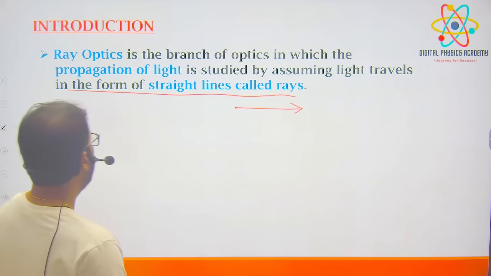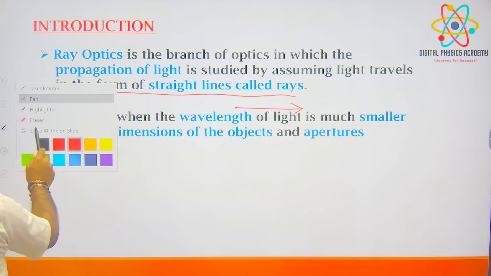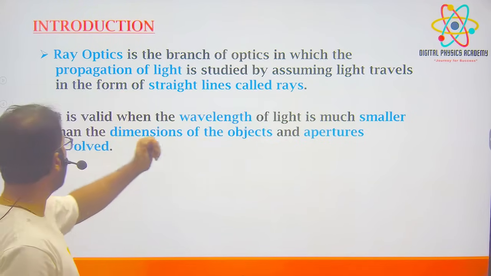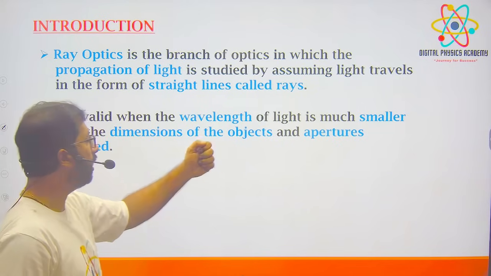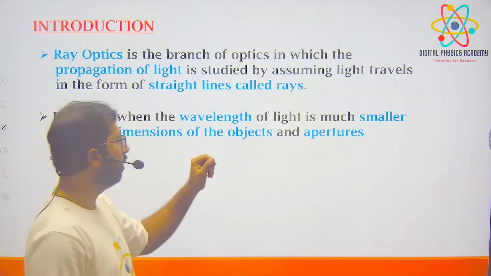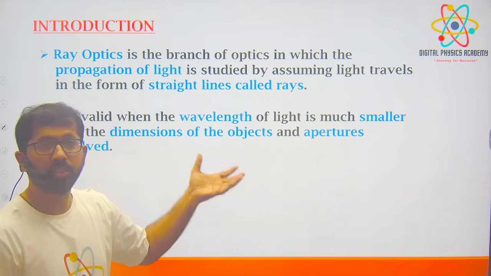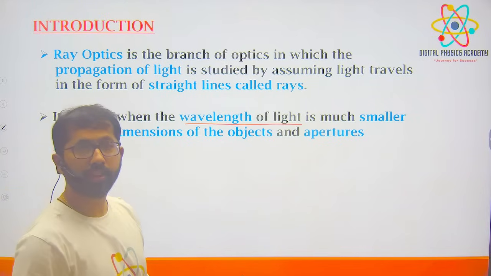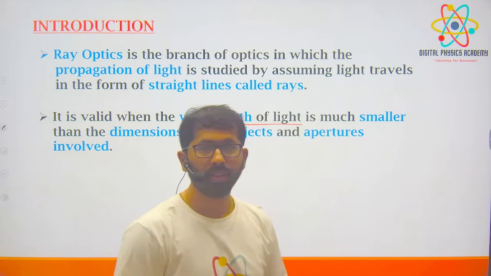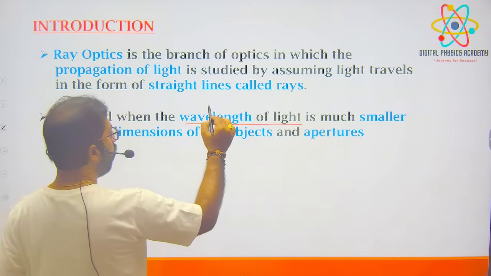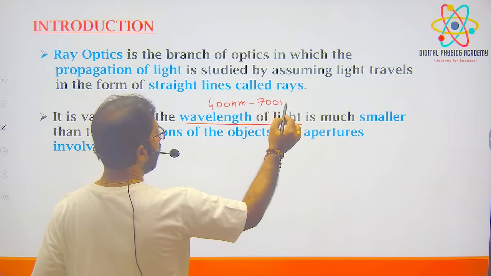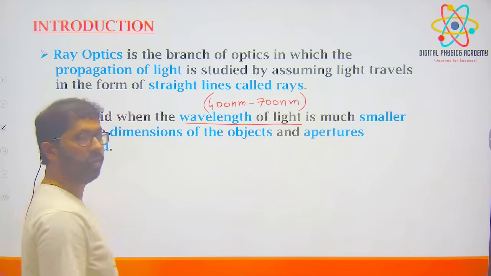Now, it is valid when the wavelength of light is much smaller than the dimensions of the object and apertures involved. Very important. So ray optics is valid when the wavelength of light, visible light, how much? Visible light's wavelength is like 400 nanometers to 700 nanometers, right? Which we studied in electromagnetic waves.